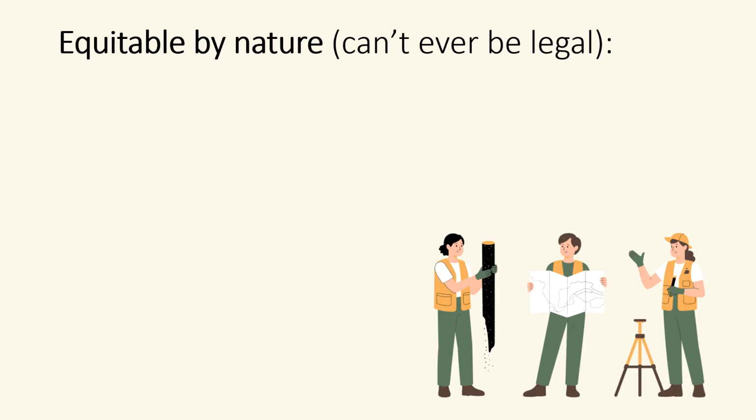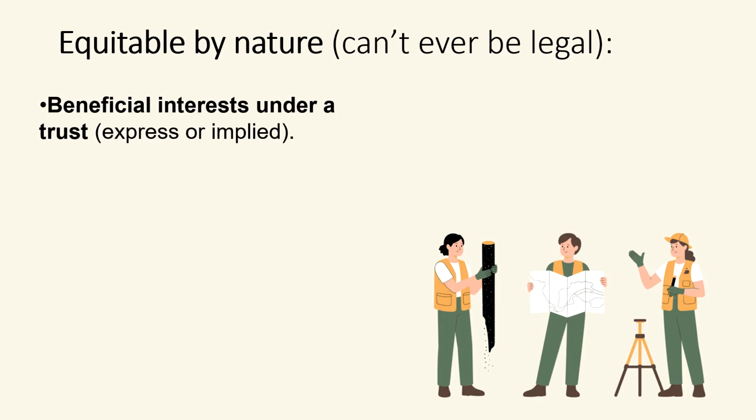Just again to keep in mind that not every kind of right in land can be legal. There are certain ones that are always equitable by nature and can never gain those kind of heavyweight legal protections.